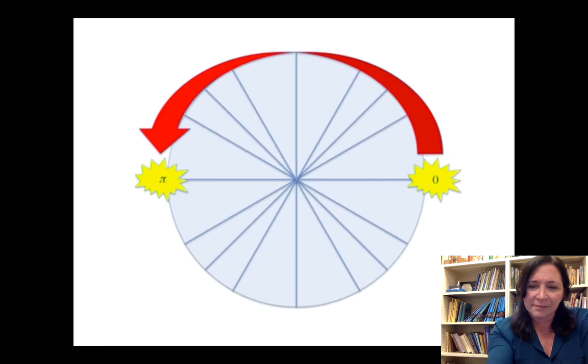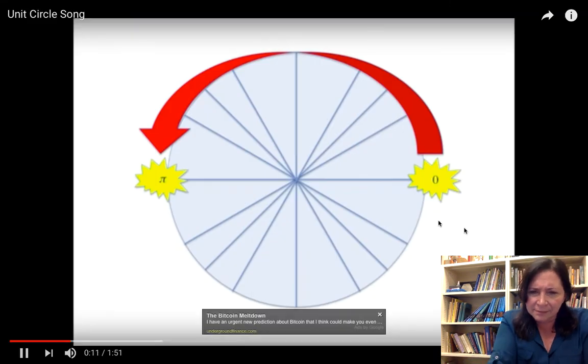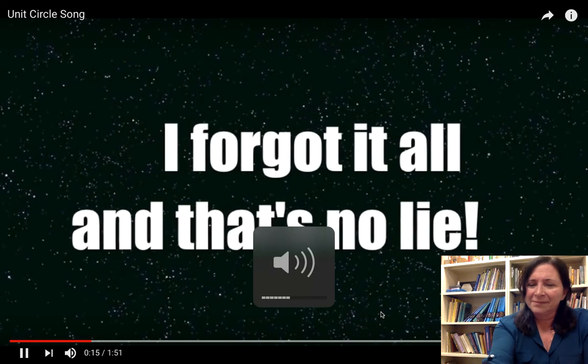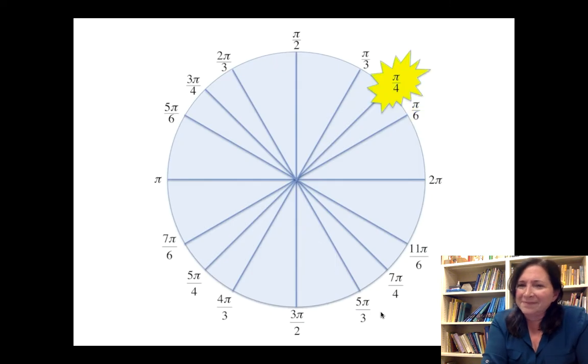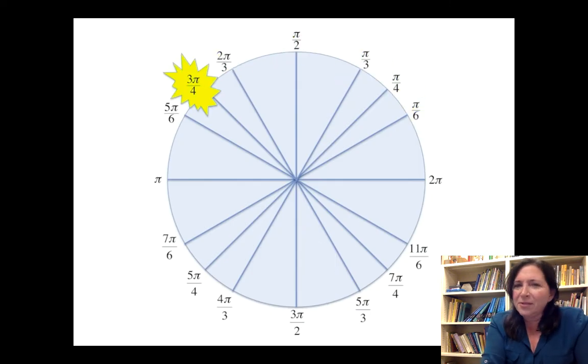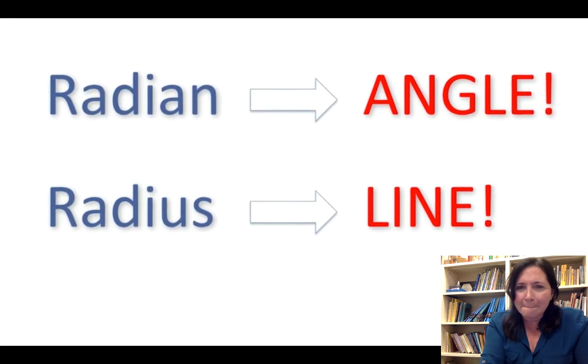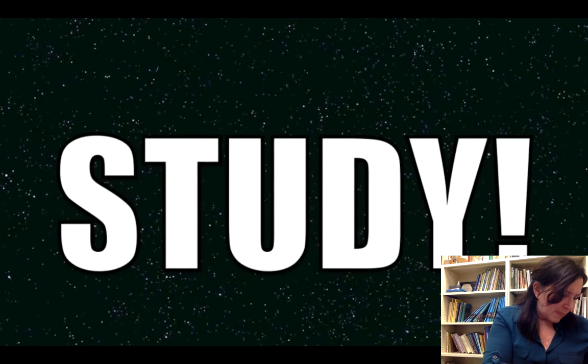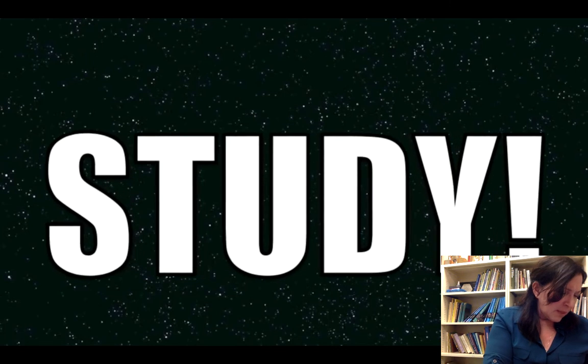The unit circle, radians and degrees. I forgot to study and my A's went down to B's. I forgot the top half goes from 0 out to pi. I forgot it all and that's no lie. Think it goes like pi over 6, pi over 4, pi over 3, pi over 2, 2 pi over 3, 3 pi over 4, 5 pi over 6, pi. Radian's an angle and a radius is a line, and if you study every day you'll do just fine.